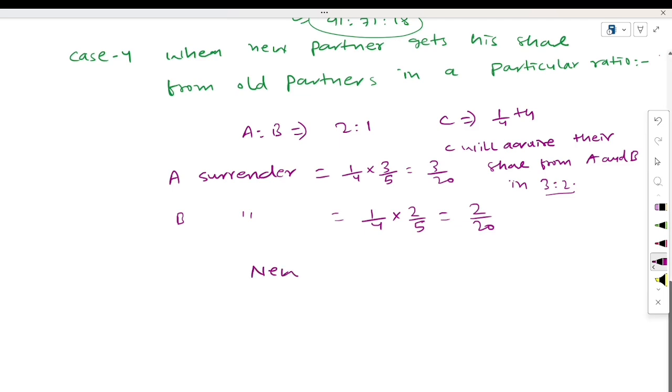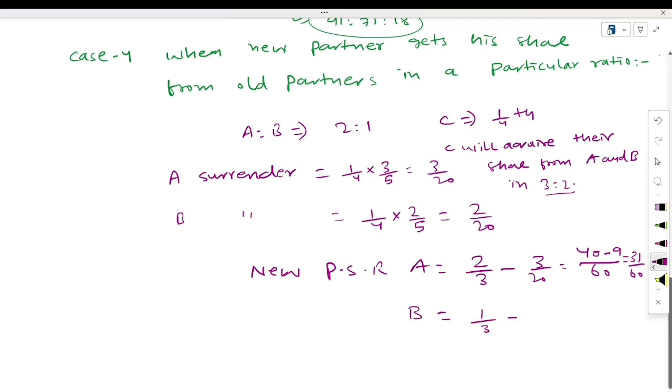Then what would be the new profit sharing ratio of A, B and C? 2 by 3 is A's old share minus the surrender value 3 by 20. LCM would be 60, 40 minus 9, which is 31 upon 60. Then B: 1 by 3 minus 2 by 20.